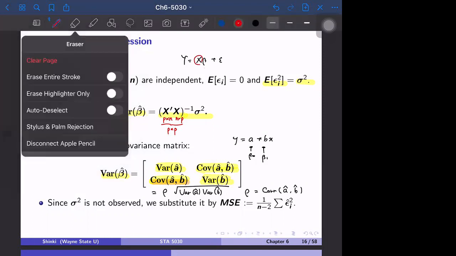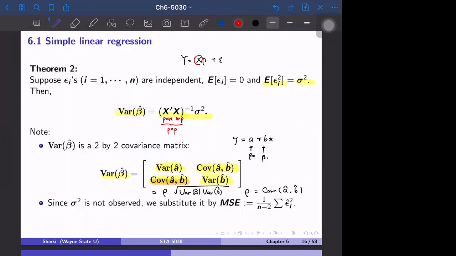So X is an n by 2 matrix because the first column is constant and the second column is the variable x. So X transpose X is a 2 by 2 matrix. Then inverse, then sigma square is just a scalar. So the variance of beta hat is a 2 by 2 matrix.